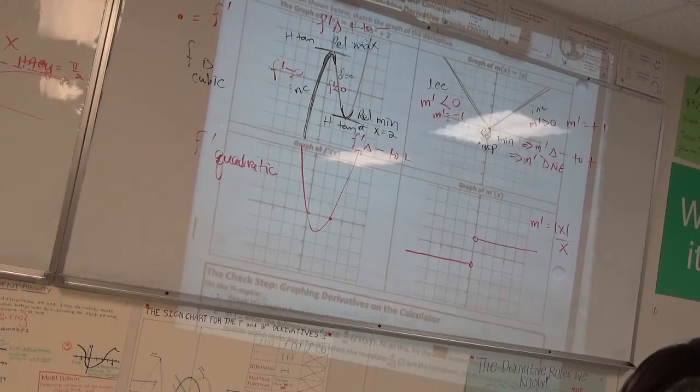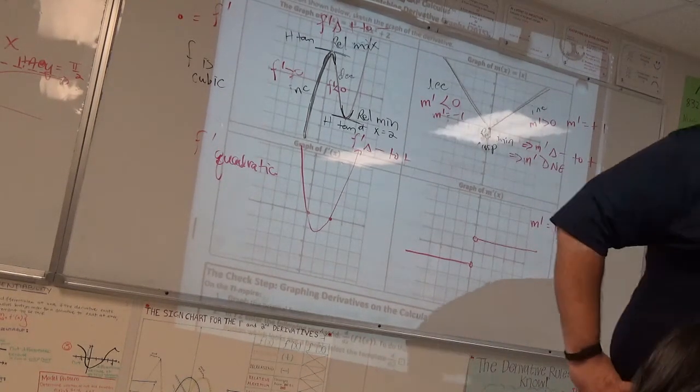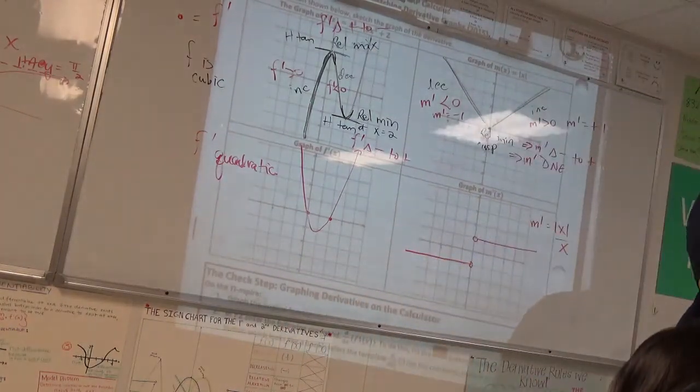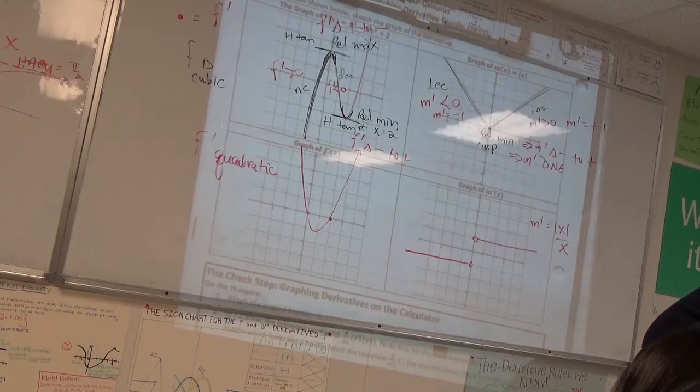Horizontal tangent line, horizontal tangent line, horizontal tangent line. What do you know for sure is happening with those horizontal tangent lines? F prime is going to have a root. If the original function has a horizontal tangent line, can I see your graph?